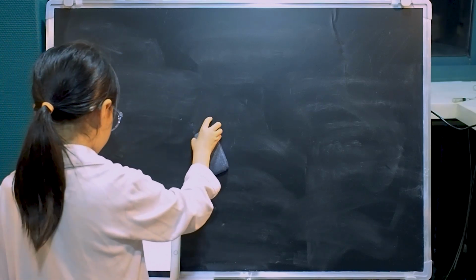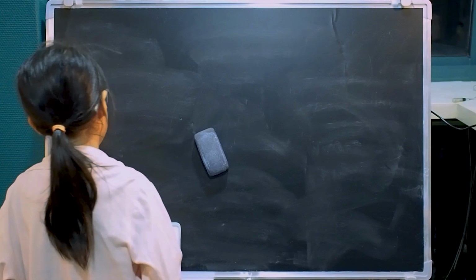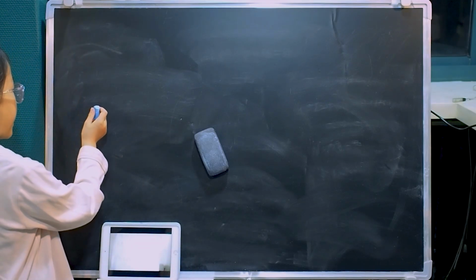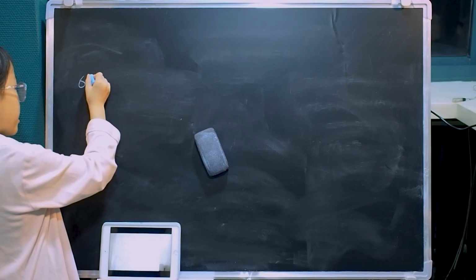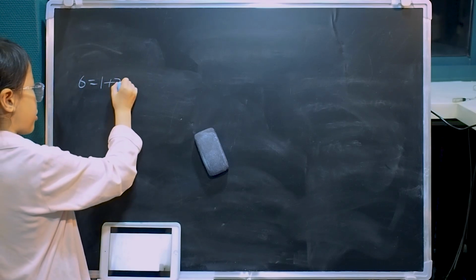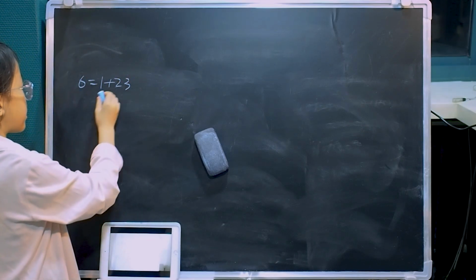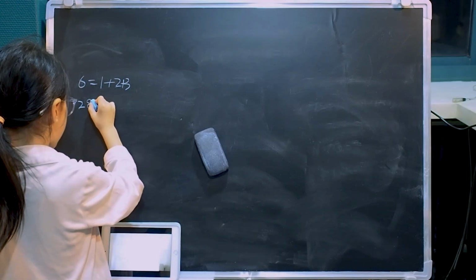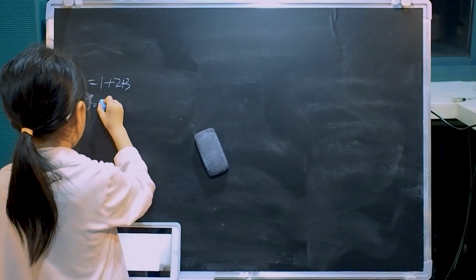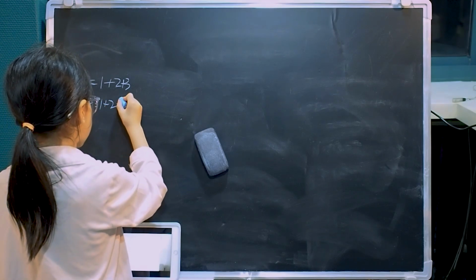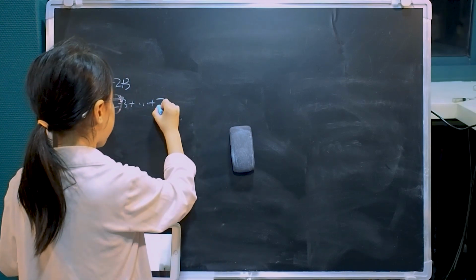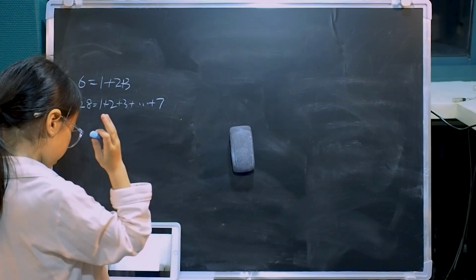And actually, here is a very funny thing. First, you can find that 6 is equal to 1 plus 2 plus 3. And 28 is equal to 1 plus 2 plus 3 plus and so on up to 7.